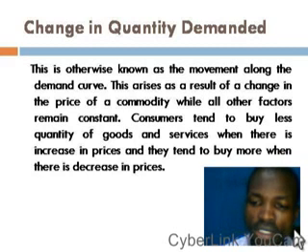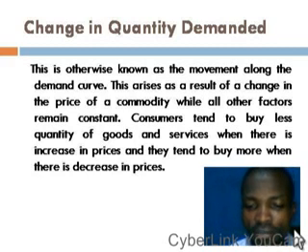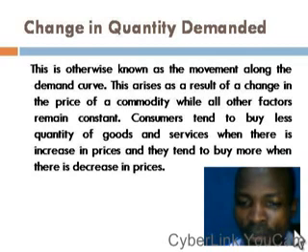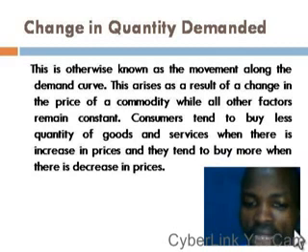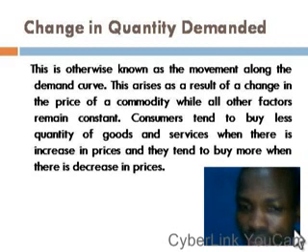The first category is known as price of the commodity, while the other factors combined form the second category. So for us to have a change in quantity demanded, this usually arises whenever there is a change in the price of a particular commodity, while all other factors are said to be constant.